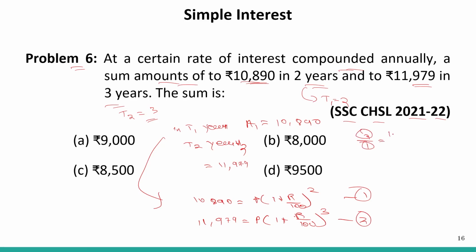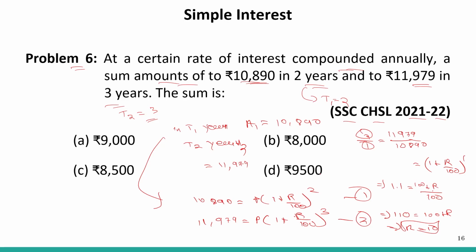So 11,979 by 10,890 is equal to 1 plus R by 100 power 1. So this implies that 1.1 is equal to 1 plus R by 100, so 110 is equal to 100 plus R, which implies that R is equal to 10.